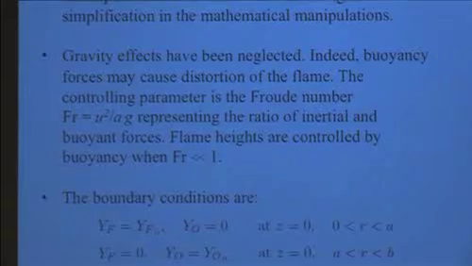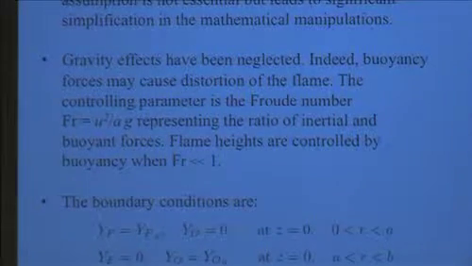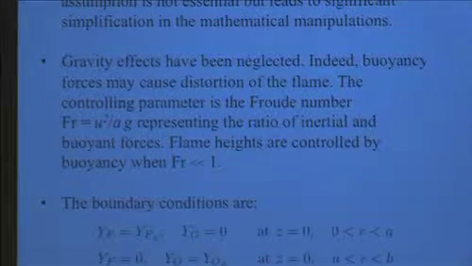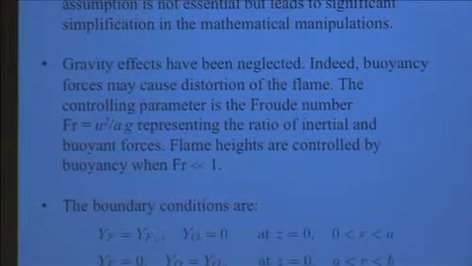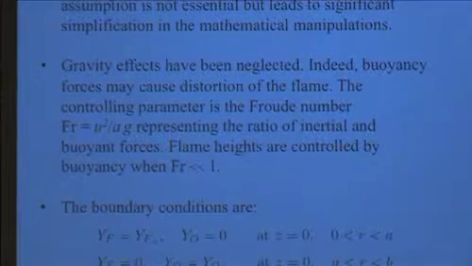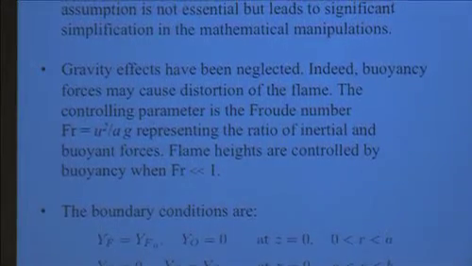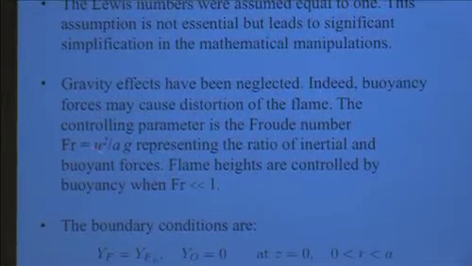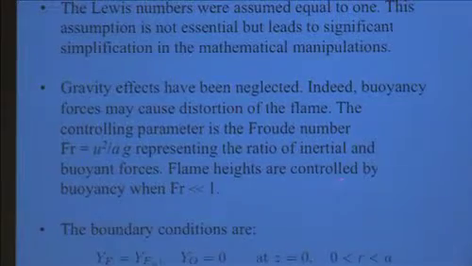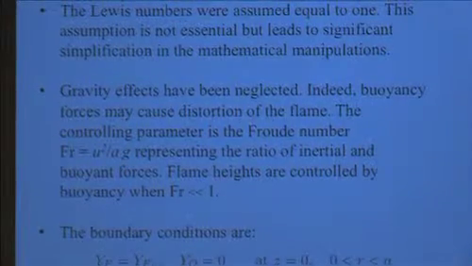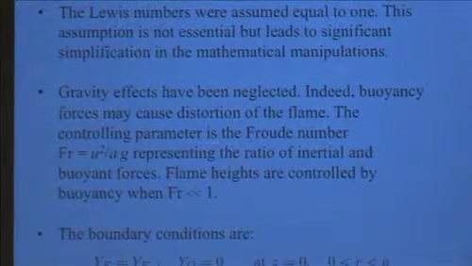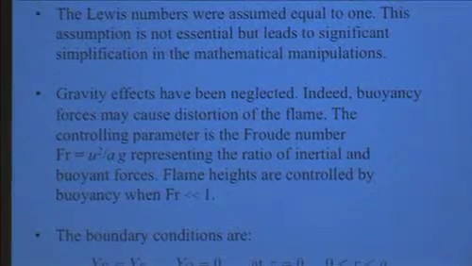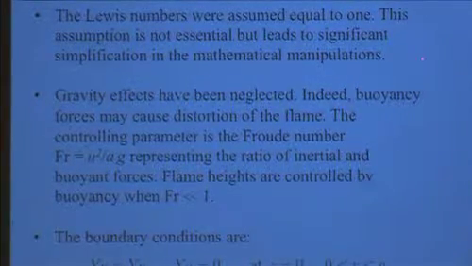So in other words, if the velocity is very large, then gravity doesn't have a lot of effect because the inertial forces are much more significant than the buoyant forces, okay? Anyway, this is the effect of gravity on the flame, and we are going to assume that gravity has no effect, as Burke and Schumann did.